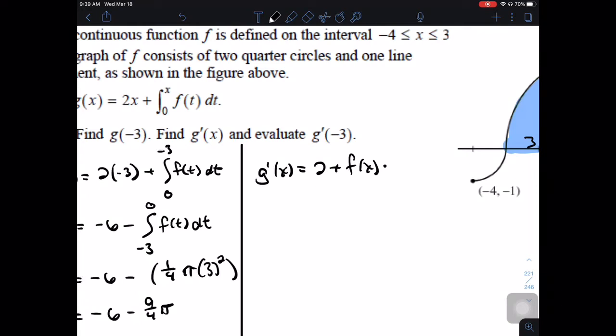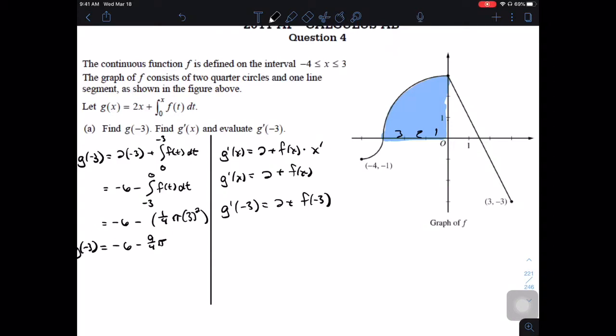Then we have to multiply that by the derivative of x. It's going to be 1, but I'm just going to put it here so we don't forget that's what we would have to do. Therefore, g prime of x is 2 plus f of x. Fortunate thing about this, if you forgot to use the chain rule, you'd still get the right answer.